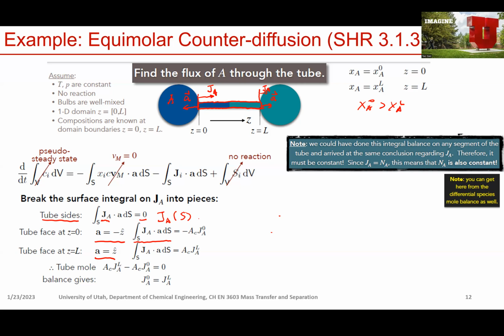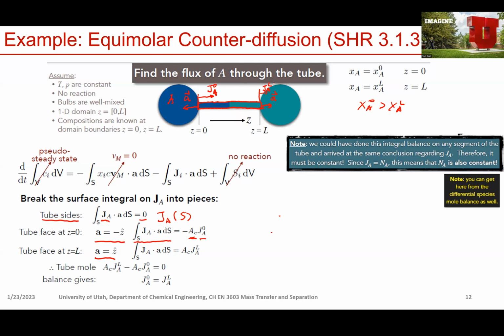Here, what is useful is that if we assume the tube is very narrow, we can just ignore the variation of JA over S, right? So in other words, JA is a constant, which allows us to compute this integral to be the cross-sectional area of the tube multiplied by JA0. JA0 is the flux here, and JAL is the flux here.